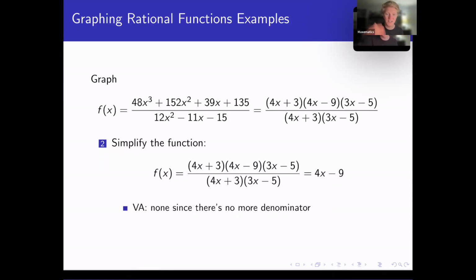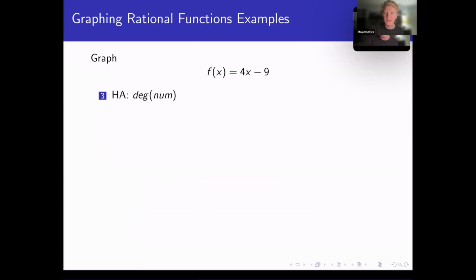Vertical asymptote, there's none. There's no more denominator. Nice. But we do have holes at those 2 x values that we canceled out, so we got to keep going. Horizontal asymptote, the degree of the numerator is bigger than the degree of the denominator since there's no more denominator, so there's no horizontal asymptote.